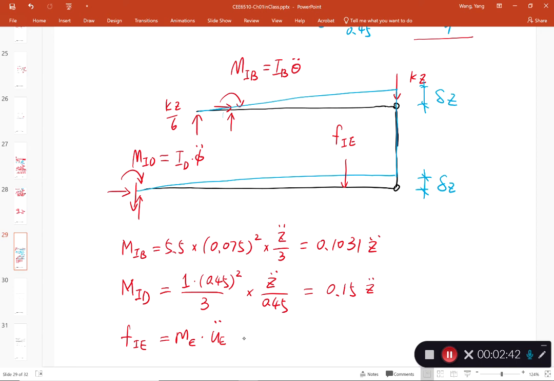So that's 0.7 multiplying UE double dot, as we worked out earlier, is 7 divided by 9 Z double dot, and this is 0.5444 Z double dot.